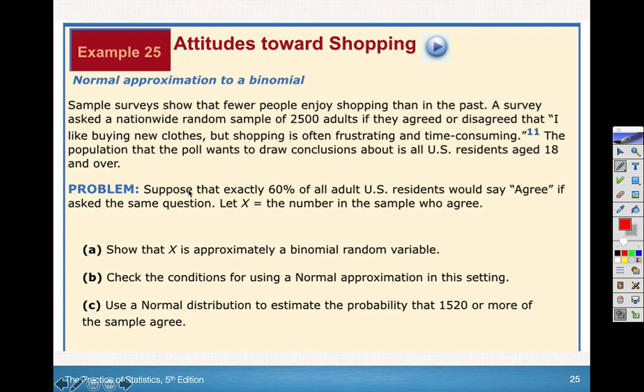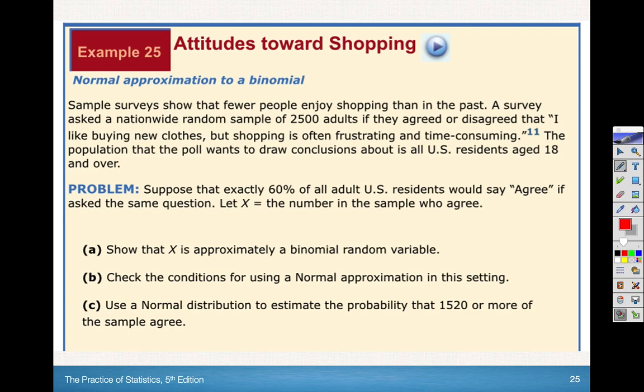So basically, with the information we have here, let's show BINS. First, is it binary? It's absolutely binary because they either agree or disagree. Two options. Independent. This was surveys, this was sampling, so they are not technically independent.